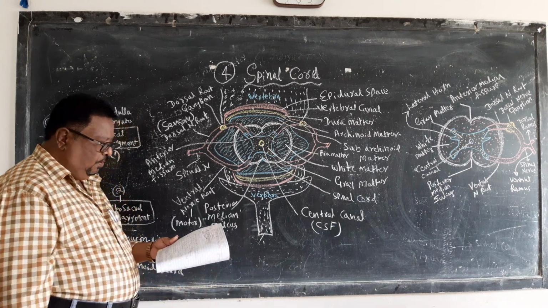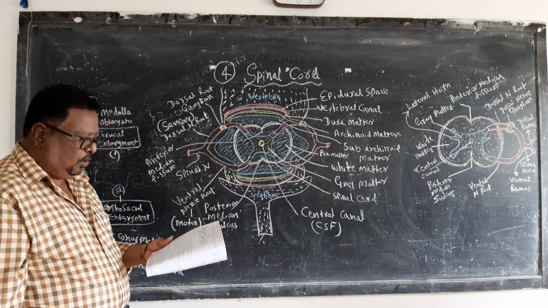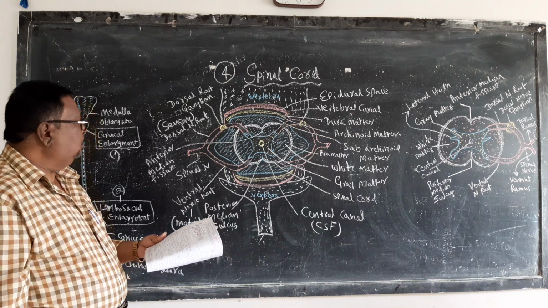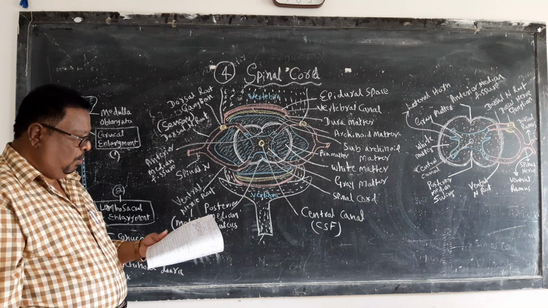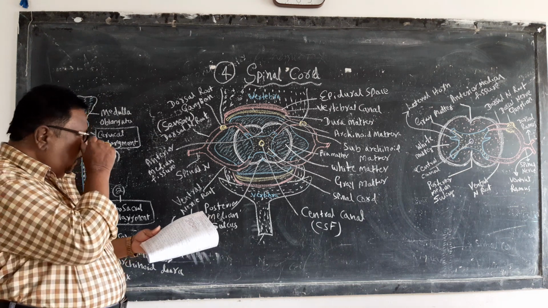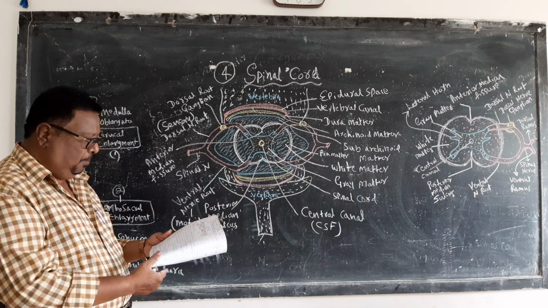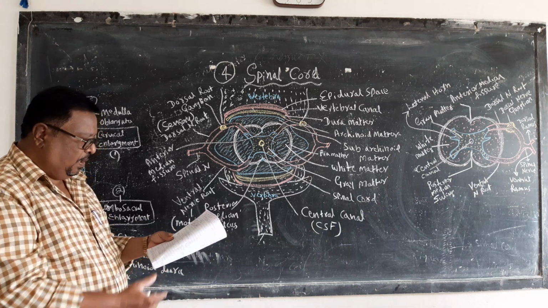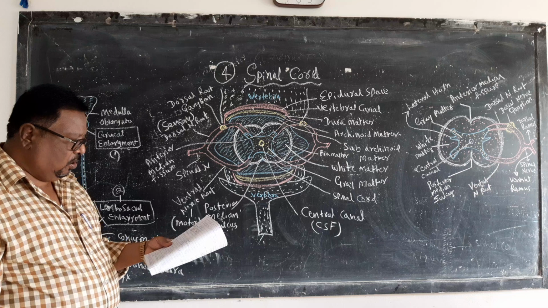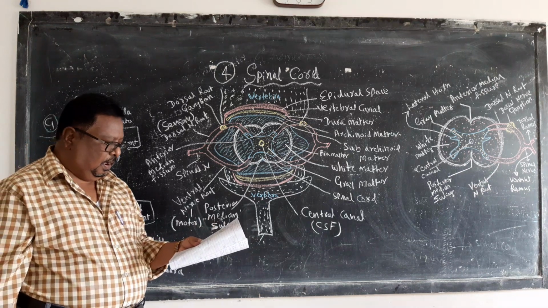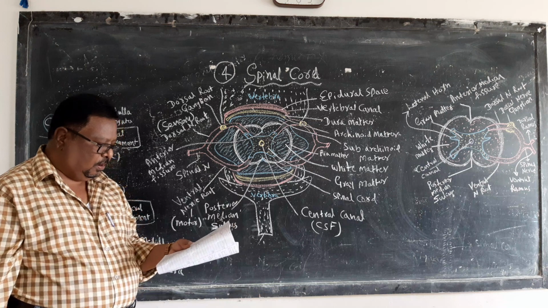So, the fibers of the ventral nerve root carry motor impulses away from the spinal cord, and the fibers of the dorsal nerve root carry sensory nerve impulses into the spinal cord.